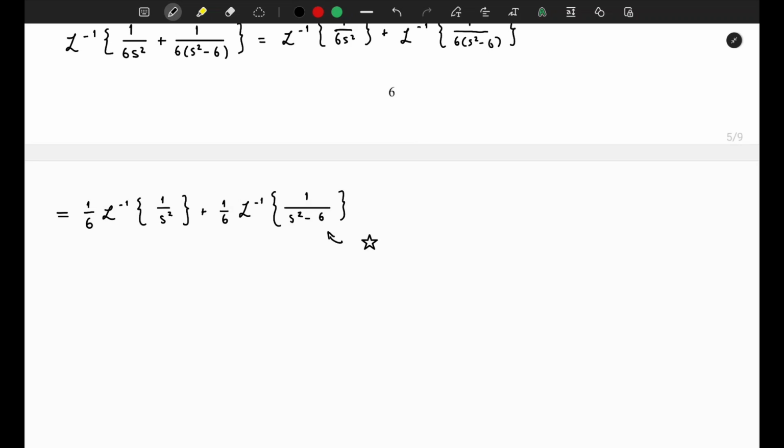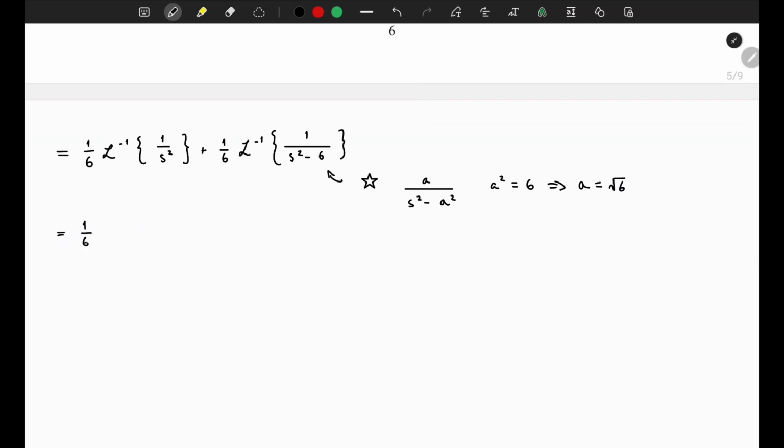The formula for this one would be the sinh formula, which is a over s squared minus a squared. So what is a squared? In this case, a squared is equal to 6, meaning a would obviously be root 6. So we need to multiply root 6 to the numerator and denominator.